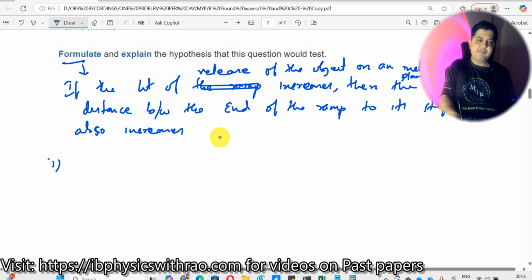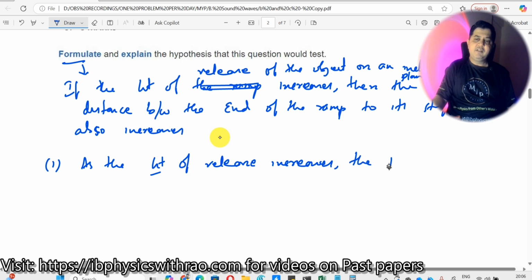Now, first explanation you can say is that as the height of release increases, the potential energy of the object increases.